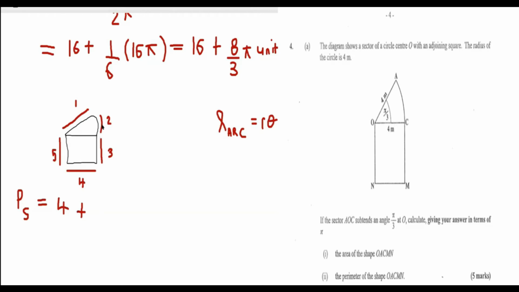So length of the arc is going to be r, which is 4, times theta, and theta is pi by 3. So it's plus 4 pi by 3, plus we need to add this side, which is 4, this side, which is 4, and this side, which is 4, which is plus 3 times 4.